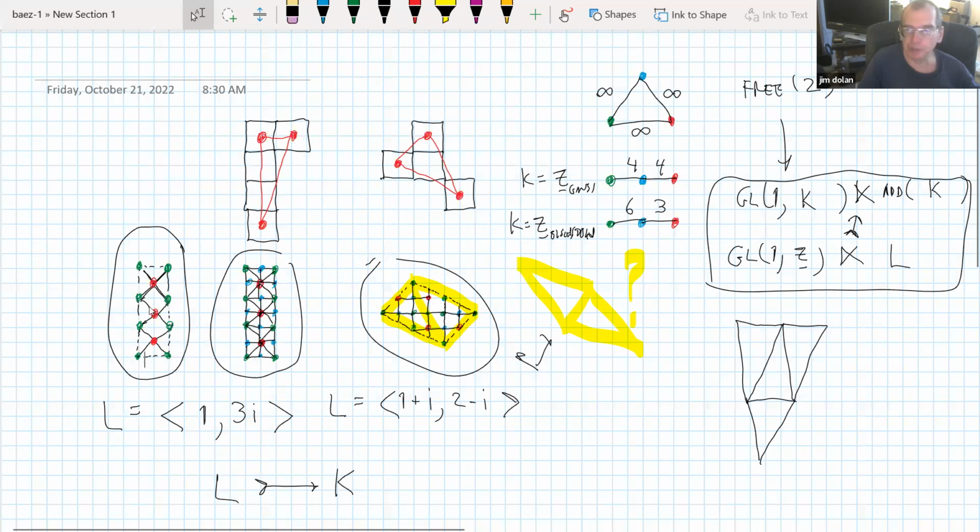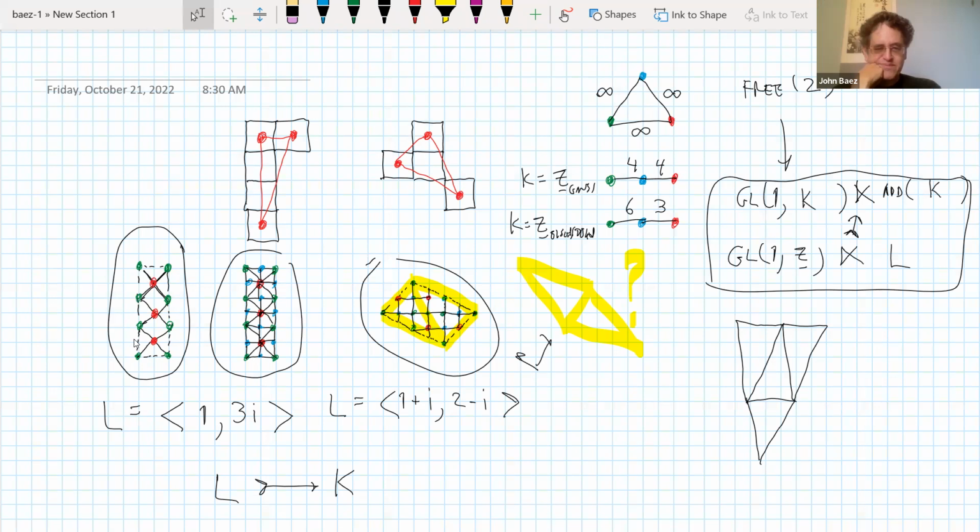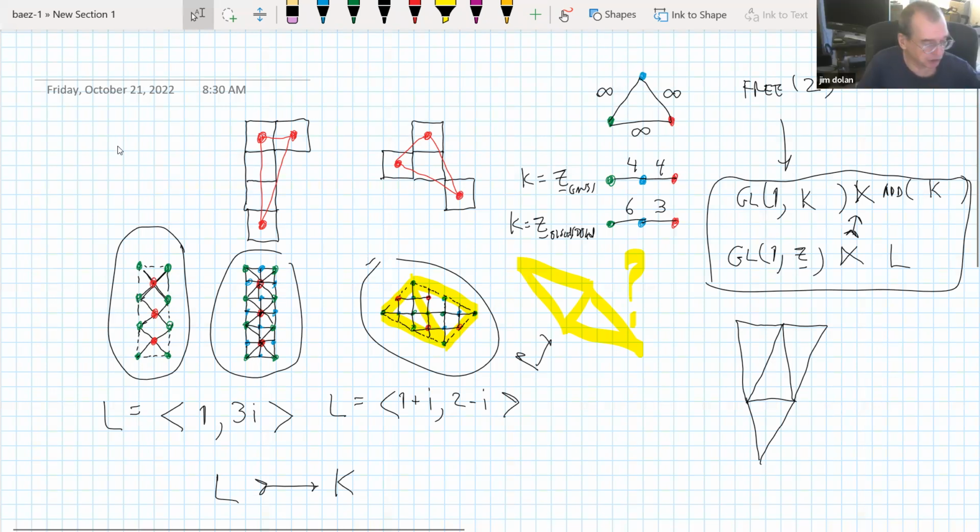So I'm going to disrespect the planar structure now. When I say non-planar graph, some people use non-planar graph to mean a property, but I'm using it in terms of a structure. So there's no planar structure. I'm going to disrespect the planar structure when I draw the next picture.